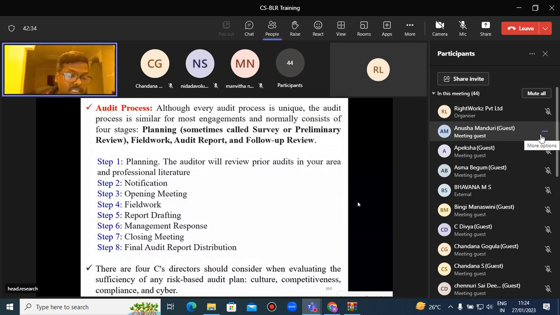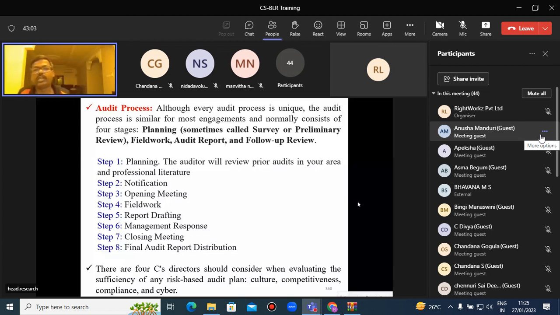Audit checks the level of the security mechanism or approach you are using for the organization. Process means a program under execution. So that is called audit process.